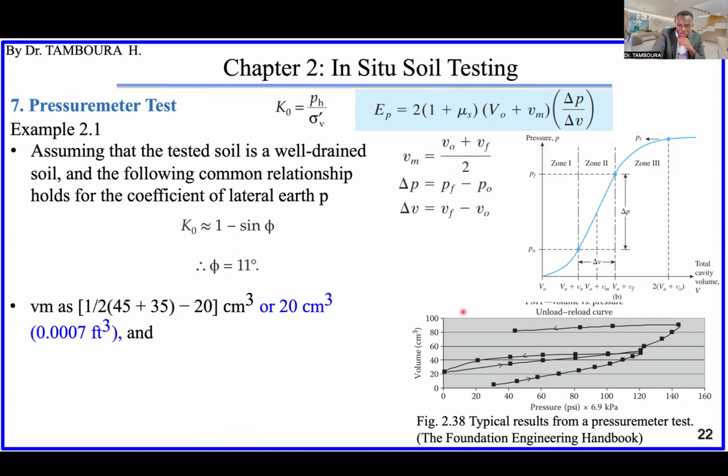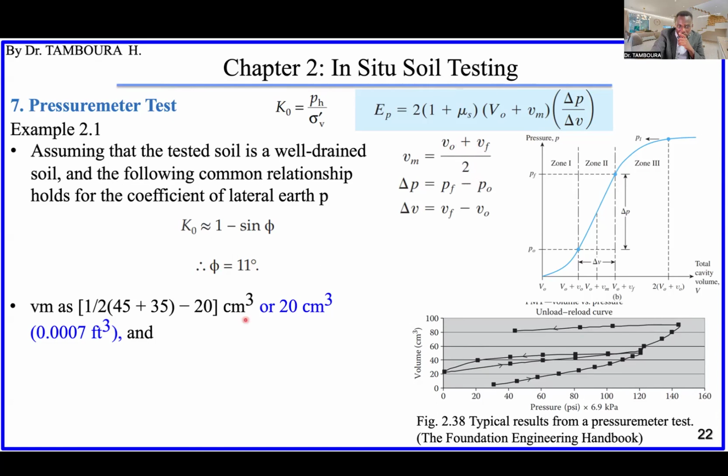The first one we measured corresponds to 20, 35, okay? 35, and this one is 45. Remember, 100 corresponds to 45 here, between this point and this point. So the volume here, 45, plus this one, 35, divided by 2.